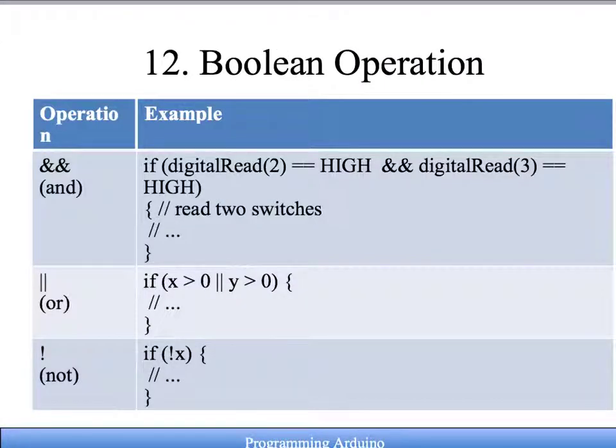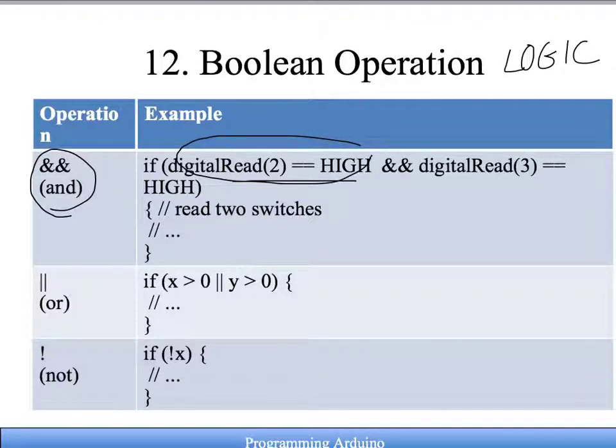The next one is Boolean operation. The Boolean operation is similar to logic. For example, we have an operation like AND. For example, if this digital input equals high, and this condition is high, and both of them are true, this one we call AND.